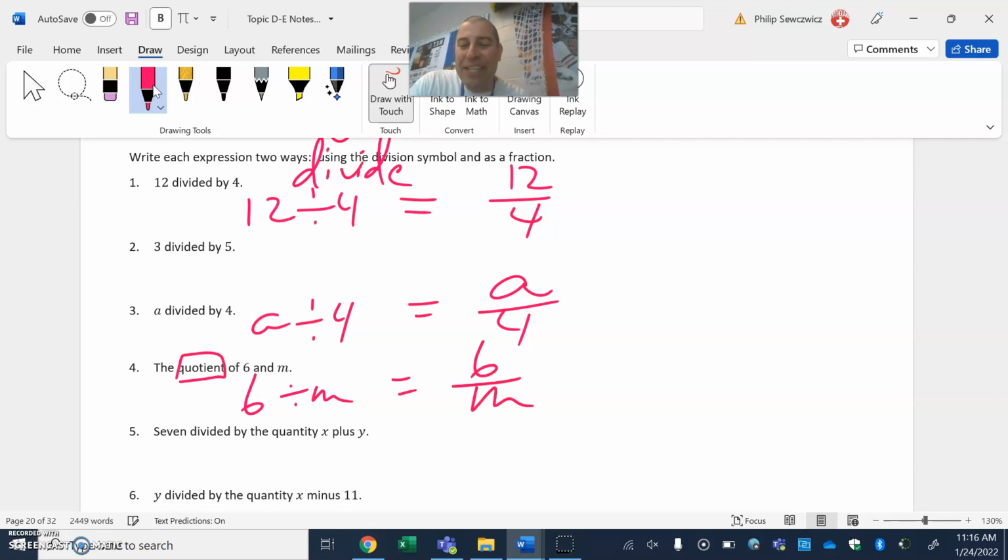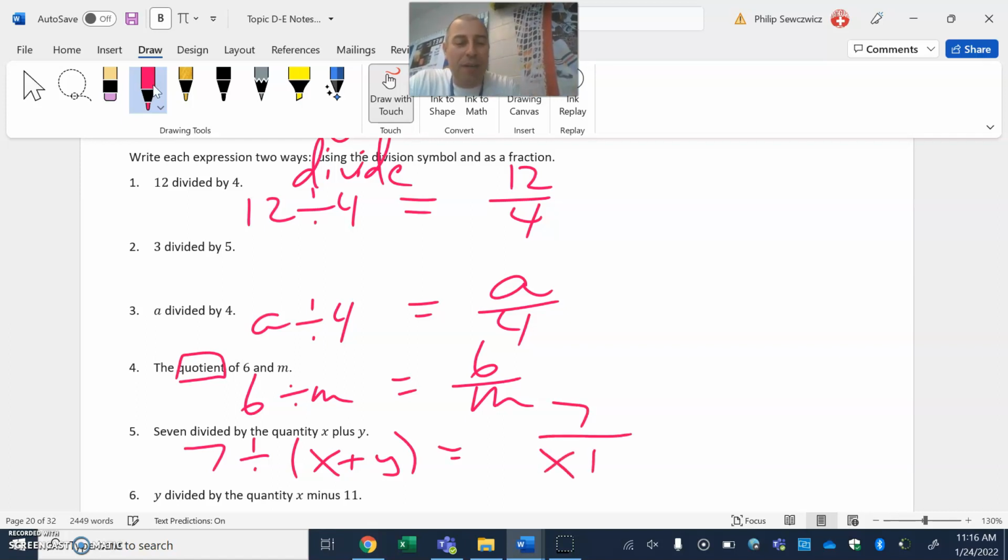Let's see here. 7 divided by the quantity of x plus y. All right. So 7 divided by quantity means parentheses x plus y. But again, we want it as that fraction. And remember, because it's a fraction, we don't need to include those parentheses that are there.